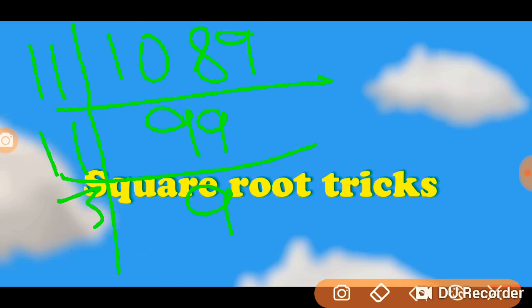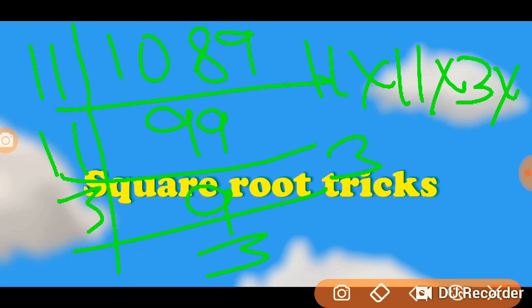Then we divide by 3 and get 3. So the prime factors are 11 into 11 into 3 into 3. Now taking one number from each pair and multiplying together, we get the square root of 1089.